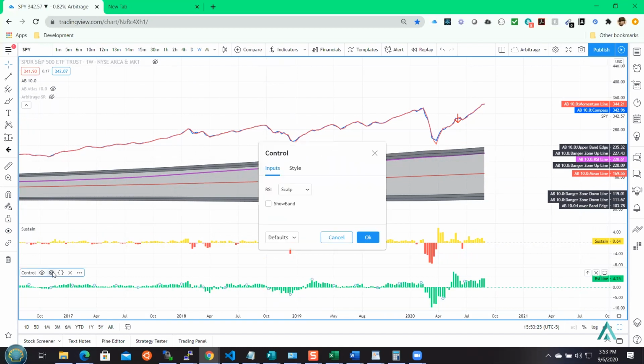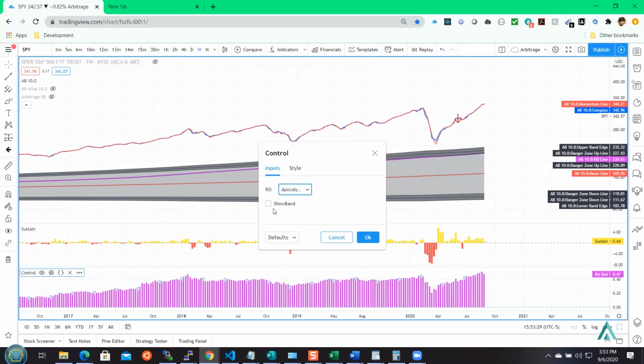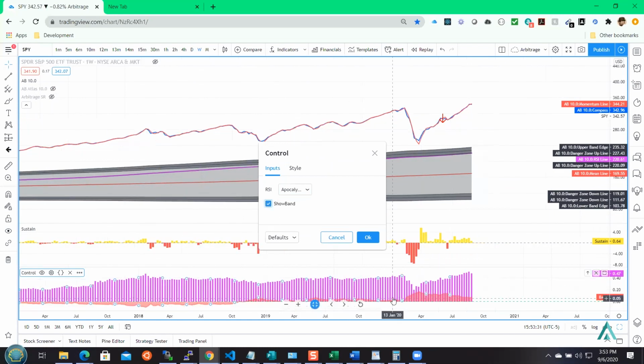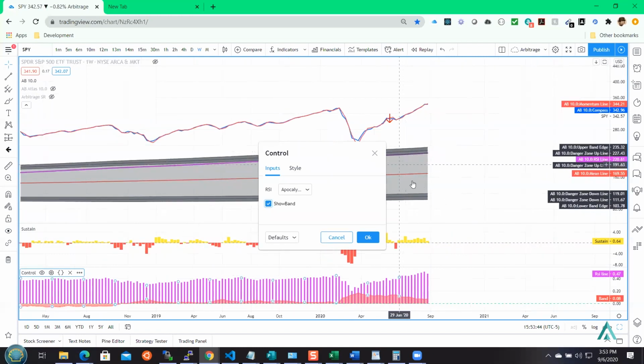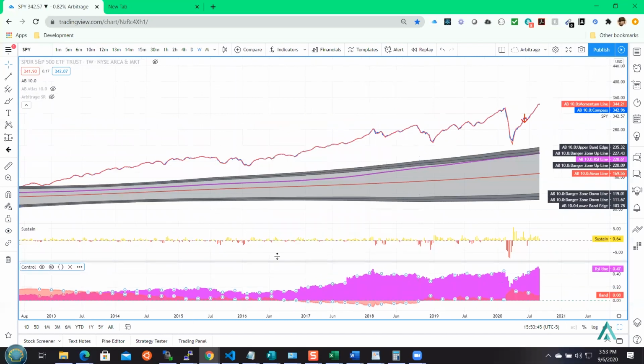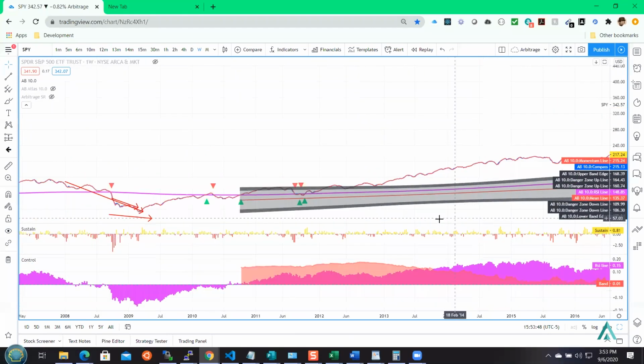Control lets me say, okay, let me first get to the apocalypse band, and then I say show band. As long as the red is engulfing the pink lines, the band is moving faster than the trend, and it's sustainable, right? So there may have been some times, let me go now to the daily.